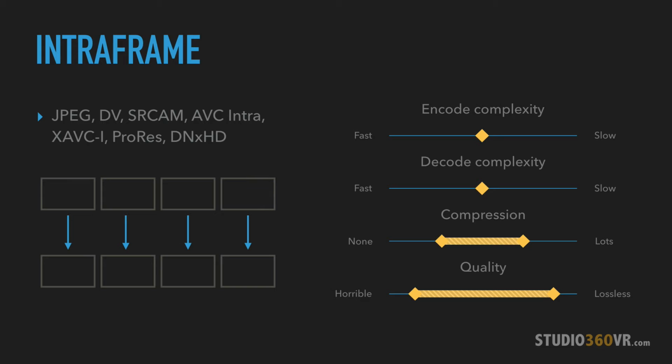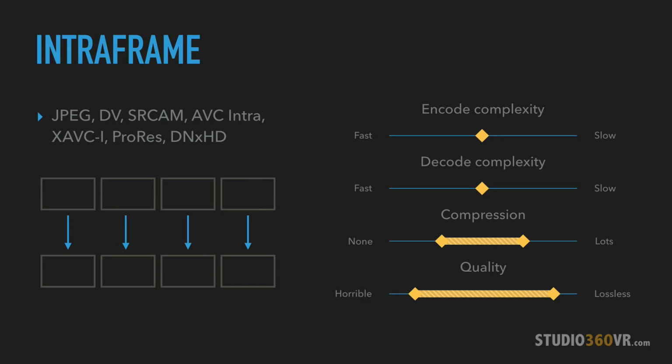The advantage to this is you get a much smaller file. So you're getting compression, you can use slower disks, you can store more information on your drive, and in exchange, you're going to lose some quality, and that's going to depend on the codec. So JPEG, DV, SRCAM, AVC Intra, XAVC, these are all codecs that do this.